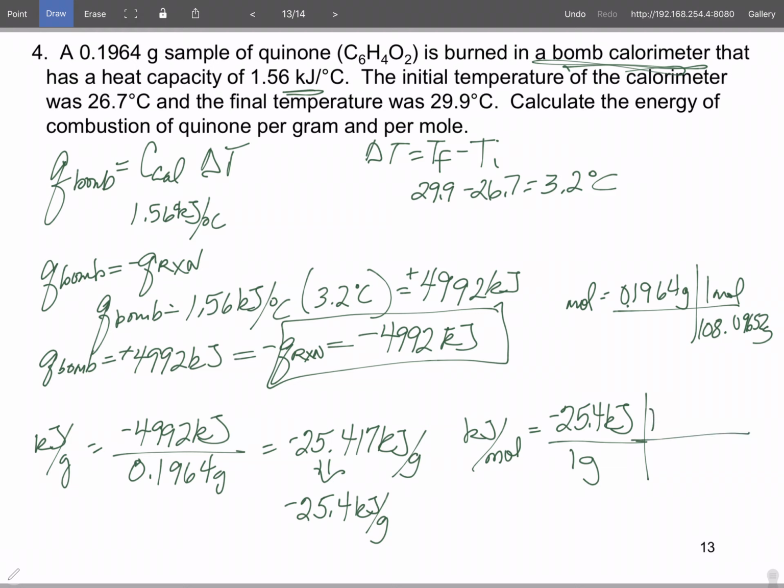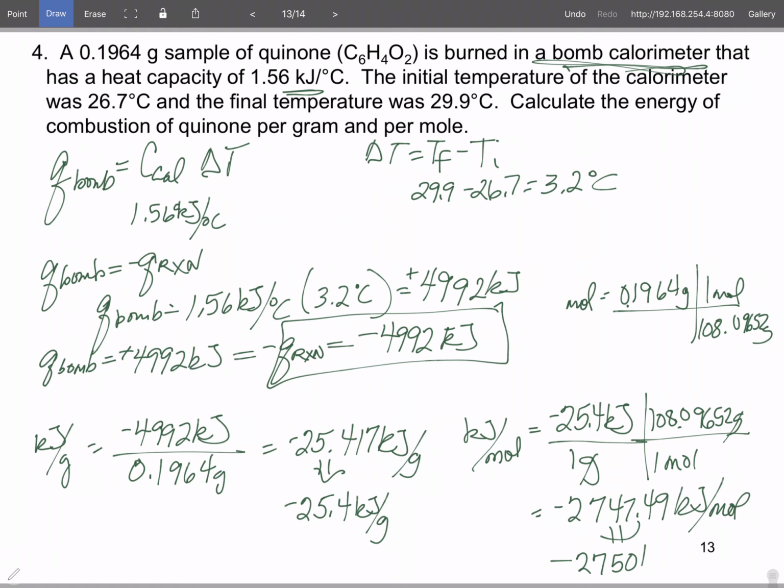And we know that there are 108.09652 grams per 1 mole. My grams would cancel, and I'm left with a whopping negative 2747.49 kilojoules per mole, which again, 3 significant figures would be negative 2750 kilojoules per mole, which makes sense because you're like, wait, that's huge.